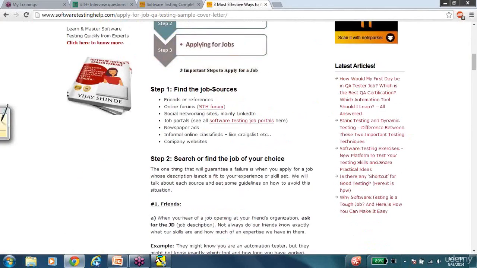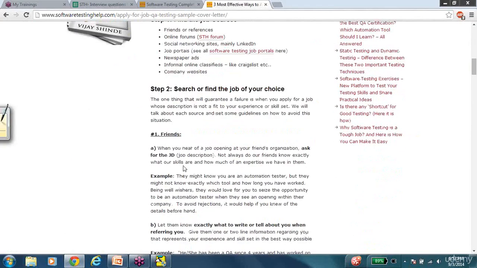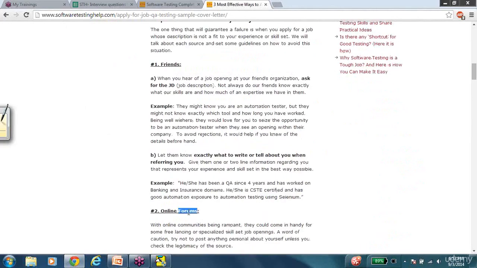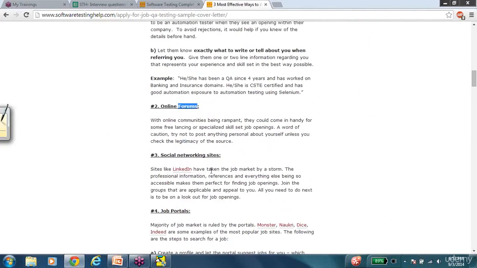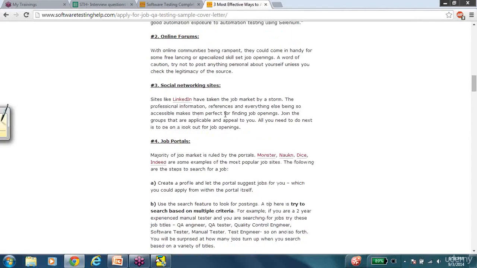So here you see all the sources. One is friends, let your friends know. Online forums, I'm talking about something like Craigslist, but I would tell you to be extremely careful when applying for jobs on portals like Craigslist or Sulekha. And then social networking sites like LinkedIn, extremely useful.